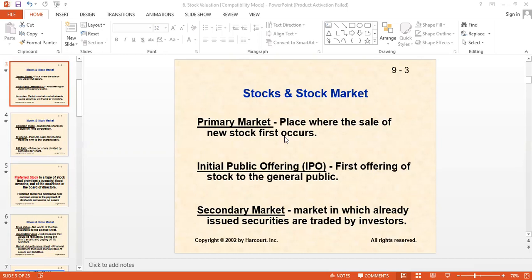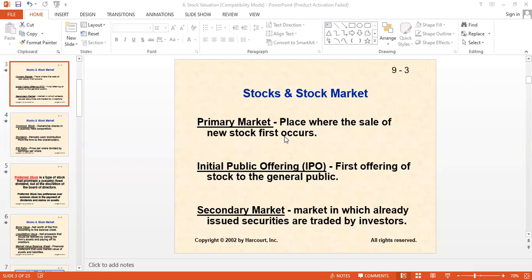So you decide to sell your shares, and some third party has purchased your shares. That transaction, which is taking place between yourself as the first shareholder and the third party, a new shareholder, is taking place in the secondary market.